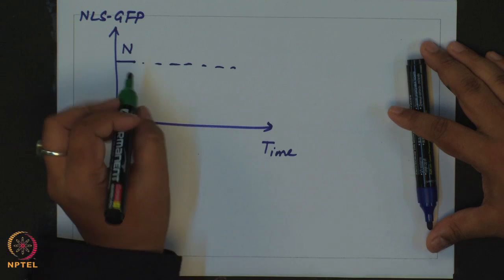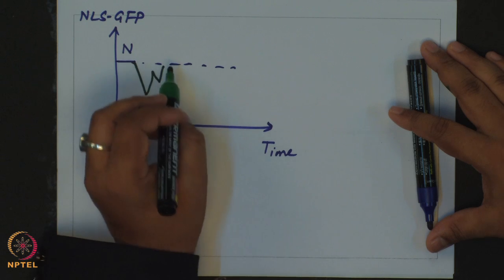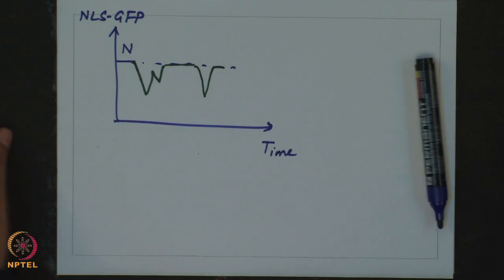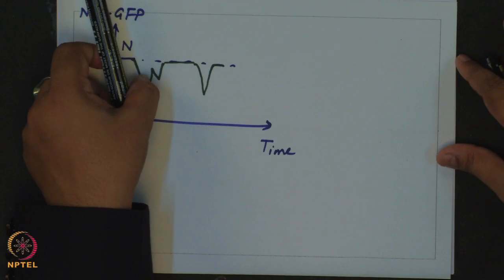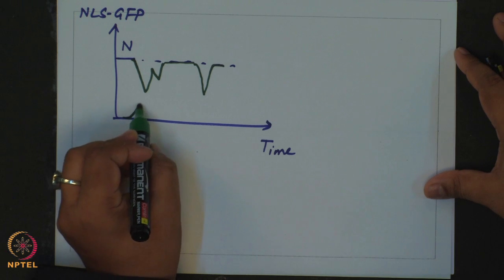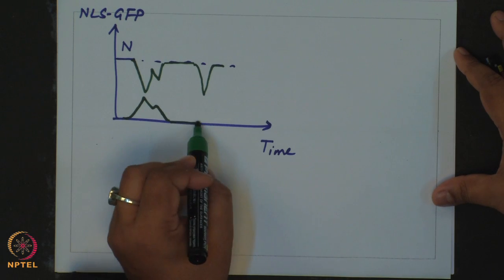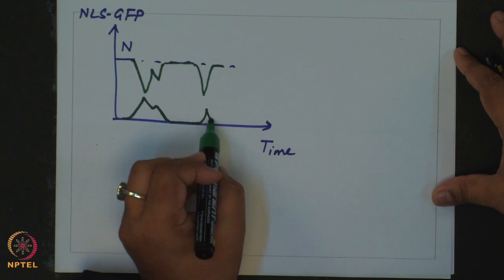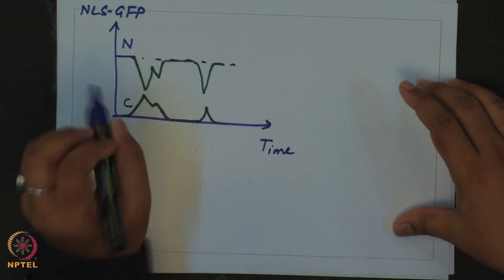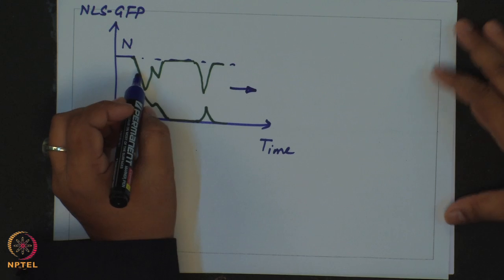But what they found was every once in a while they had a dip and then it returned to this value, again a dip and a return, and every time the nucleus signal dipped, they found a corresponding increase in the cytoplasm signal, which again fell back to 0, and again an increase. Okay. So, this is your nucleus signal and this is the cytoplasm signal, suggesting that every time there is a nuclear rupture.